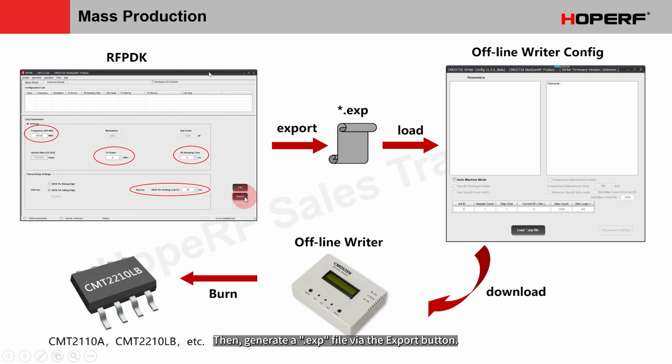Then, generate a .exp file via the export button. This file is the target file to be burned into the device. Then, transfer this file to another tool software called Offline Writer Config. Download it to the offline burner. Once downloaded, the offline burner can operate offline. Directly burn the target chip. It supports all models mentioned earlier.